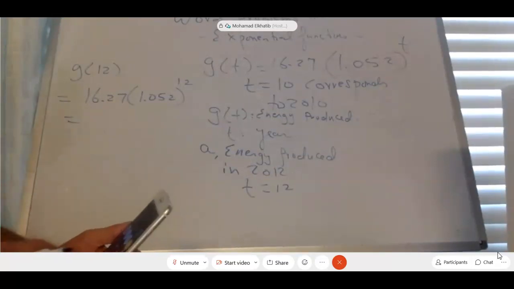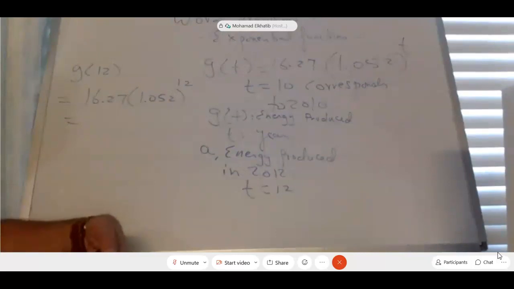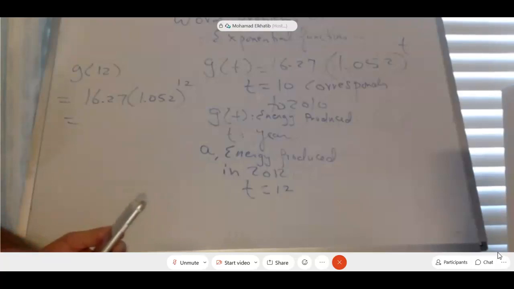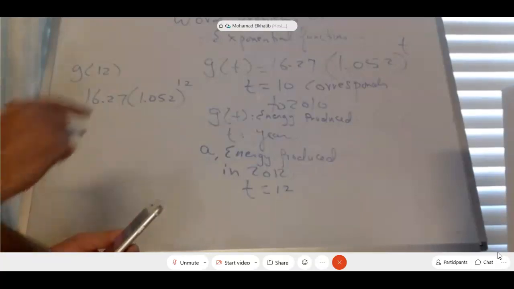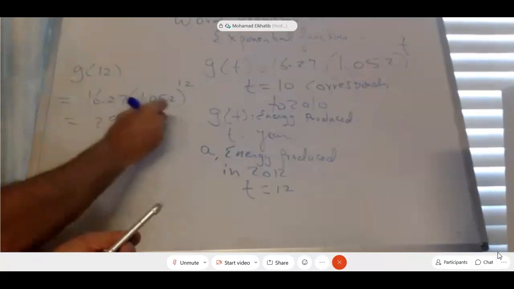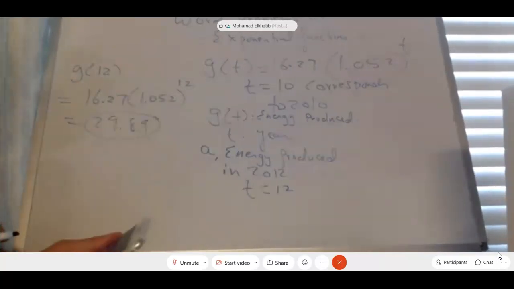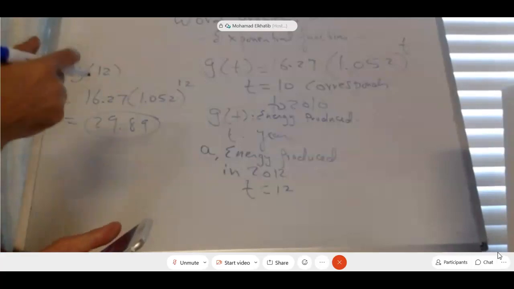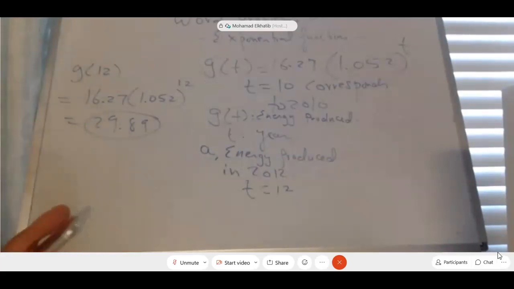First, I do the exponent, 1.052 raised to the power 12 equals times 16.27. And I got 29.89. Let's say if the energy is in the millions of gallons, that would be the answer.